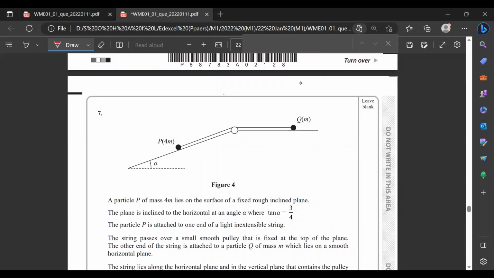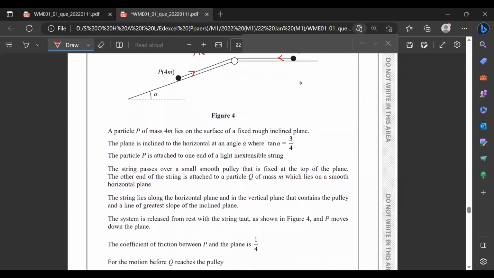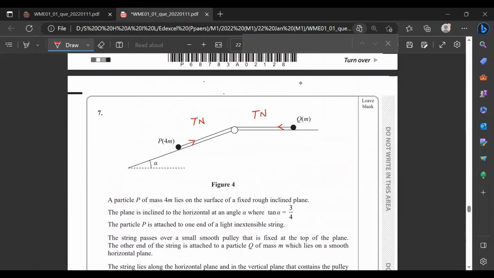So the tension throughout the string would be the same, T newtons here and T newtons here. So relative to Q, I should mark the direction for the tension leftwards, and let us mark the direction for the other particle.